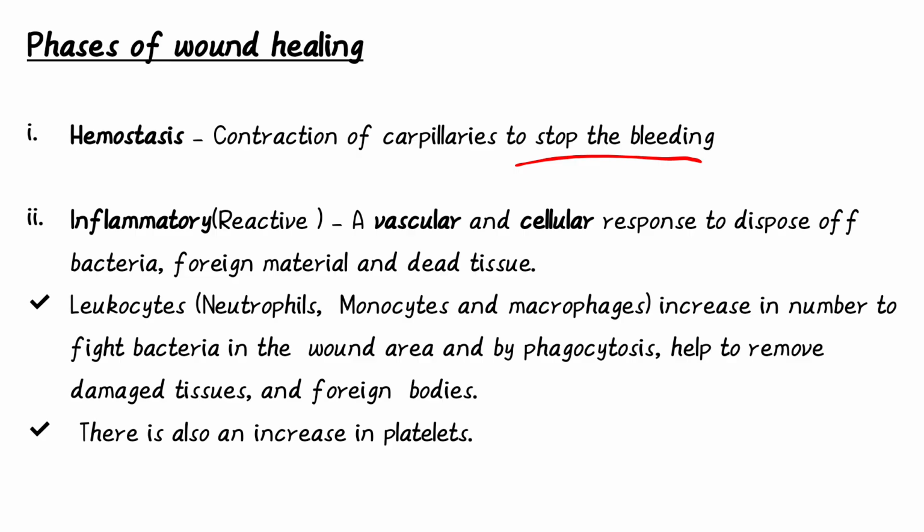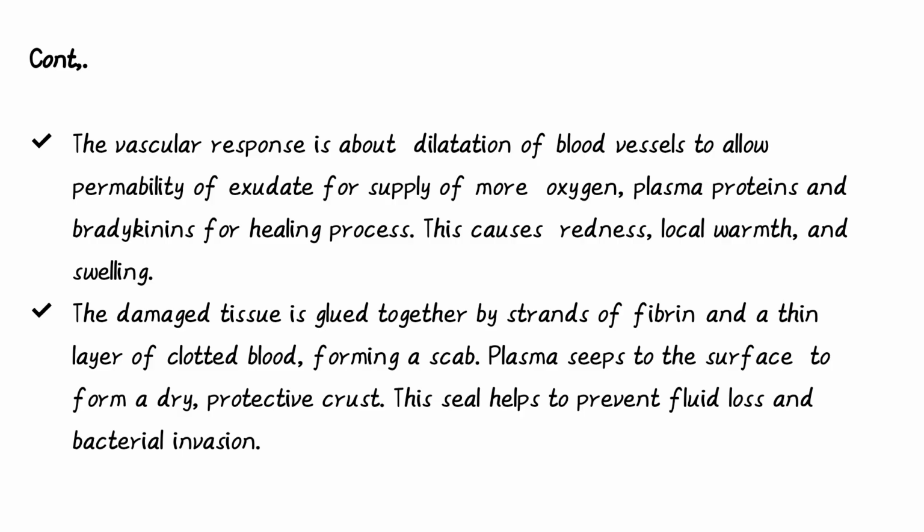For the inflammatory phase, we're having leukocytosis, where we mainly look at the neutrophils, monocytes, and macrophages, which increase in number to fight the bacteria in the wound by phagocytosis. In the other lecture, we've looked at how phagocytosis takes place. This helps to remove damaged tissues and foreign bodies. There is also an increase in platelets. That's about the inflammatory phase or the reactive phase.